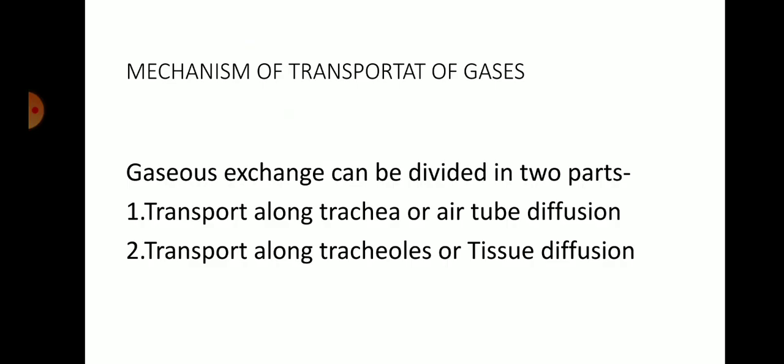Now we will discuss the mechanism of transport of gases. Gaseous exchange can be divided into two parts: transport along the trachea, or air tube diffusion, and transport along the tracheoles, or tissue diffusion.